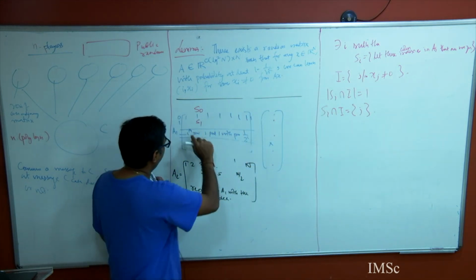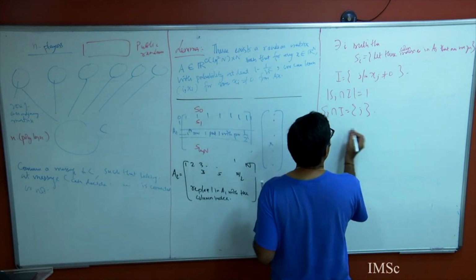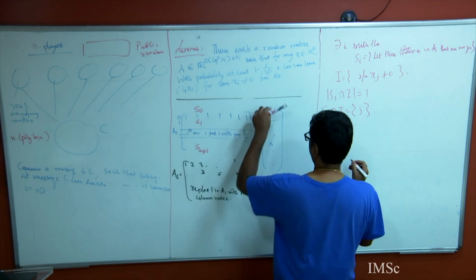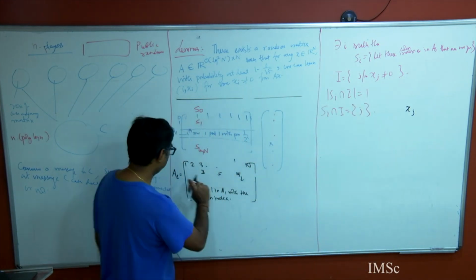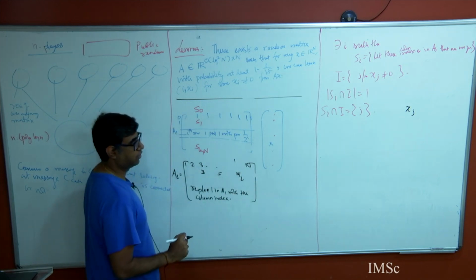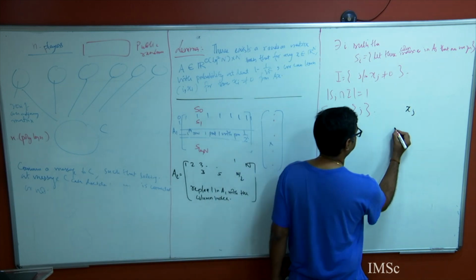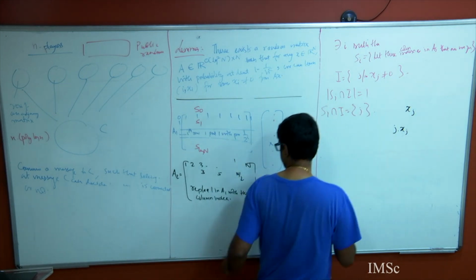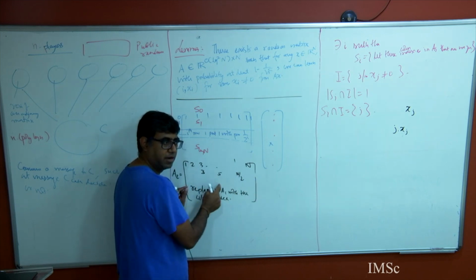Then what are these two sums going to give you? If you look at this row and this row, the first sum is going to give you Xj. But the second is going to give you j times Xj, because in the same place I have kept the column indexes.